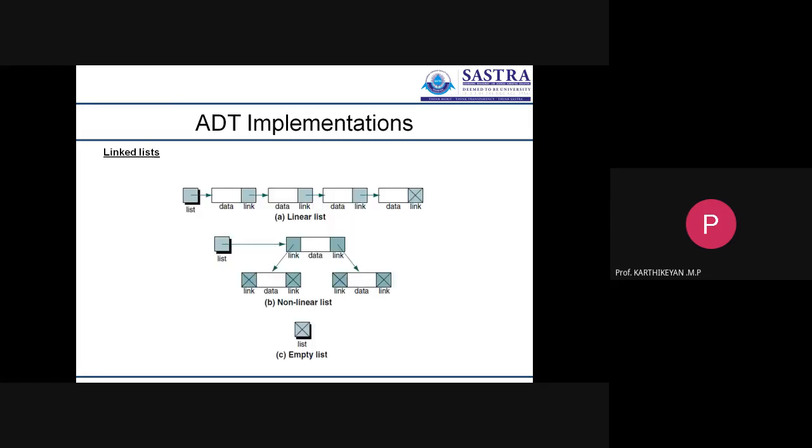See here. Now the first picture, a linear list. Check it. Each node, we call this a node. Each node contains a data part and a link part. The data part contains the values and the link part contains the address of another node.